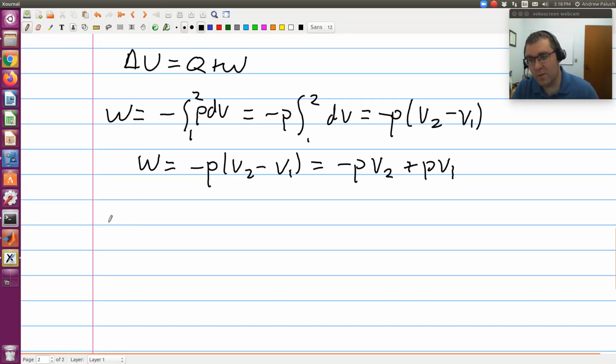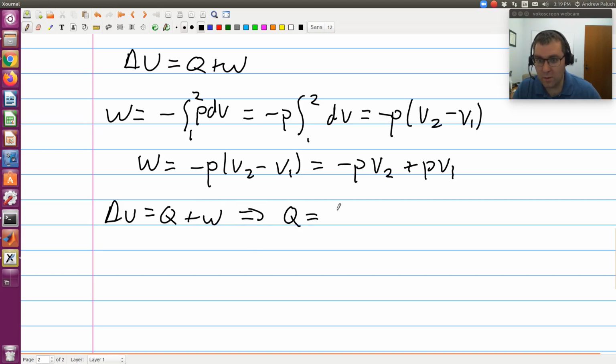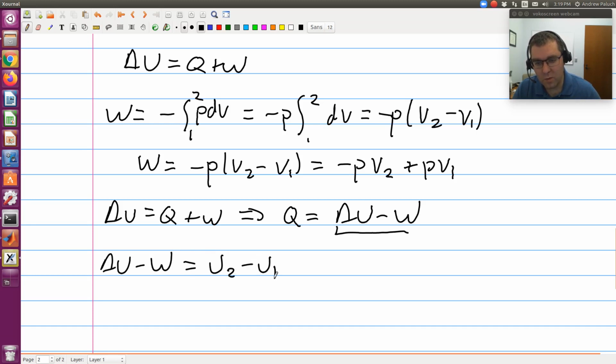If I go back to my first law balance, we had delta U is equal to Q plus W. And what I'm going to do is solve for Q. So Q is equal to delta U minus W. Just focusing on this right-hand side, I'm going to rewrite delta U as U2 minus U1.